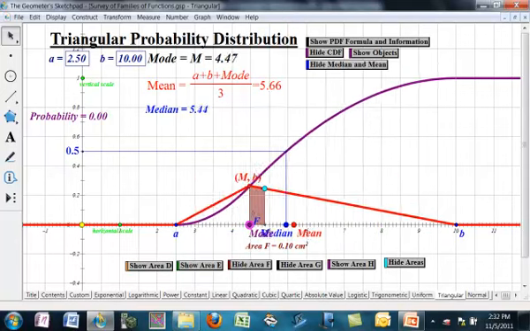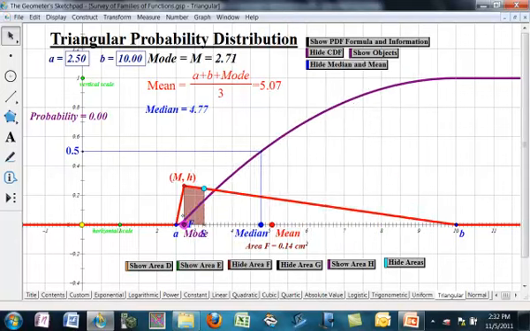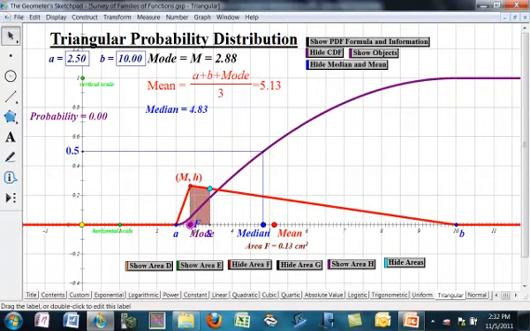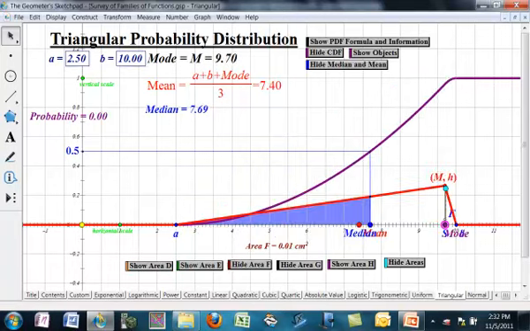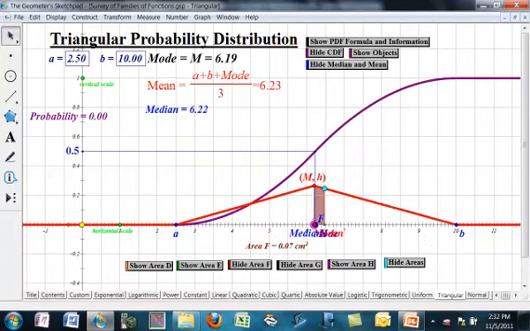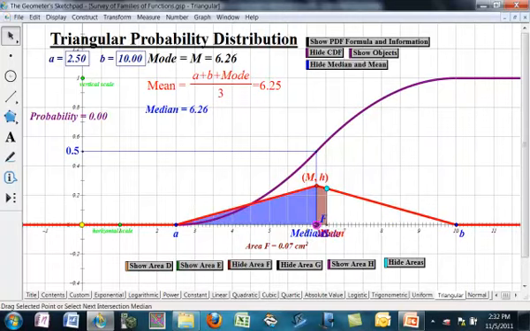Also, we can see the mean going. Notice that again, if it's really skewed to the right, the mode's over here, then the median, then the mean. If I'm on the other side, it's the other way around, and there is a point right in the middle when it's symmetric where the mean, median, and the mode are all the same value. And when that happens, then we have a symmetric distribution.